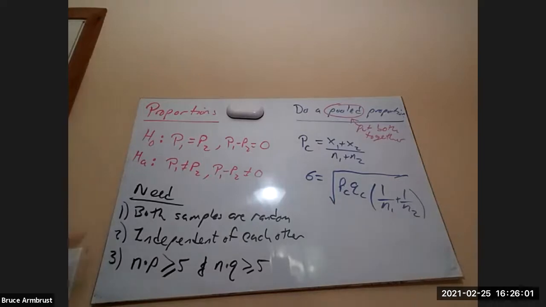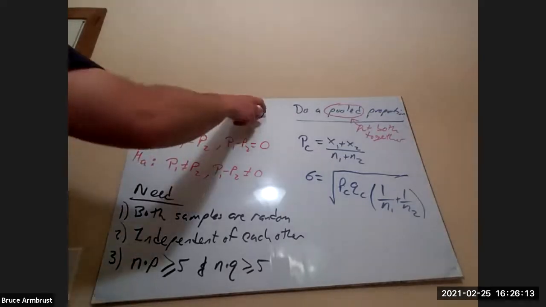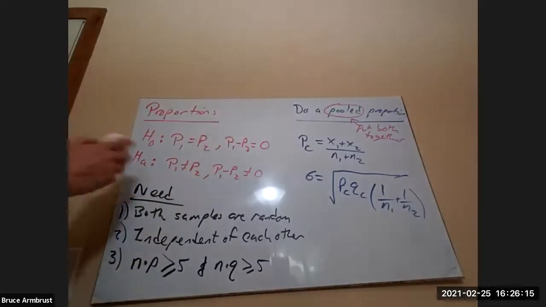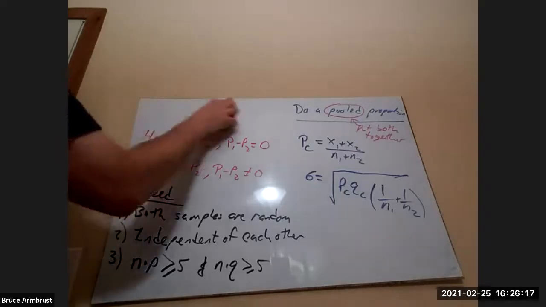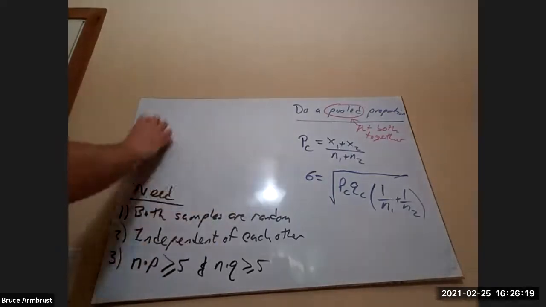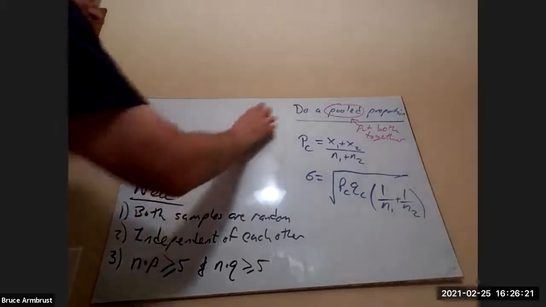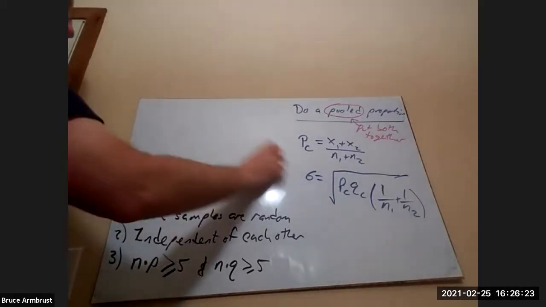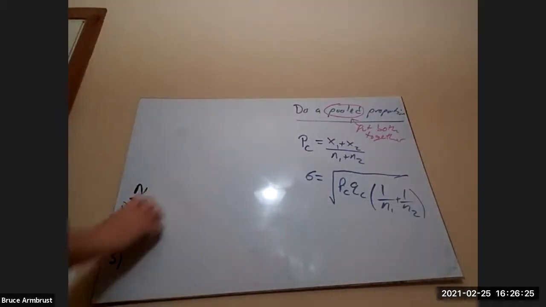All right, so as long as we've got these conditions, we can go ahead and test these just like we always do. All right, so let me show you some examples, and you'll see that it's not really that much more difficult. You just have to make sure we're using the right commands in our calculator.